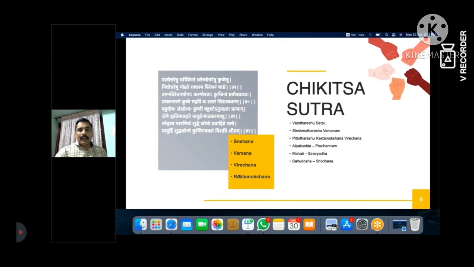Okay. Before entering the chikitsa sutra, again I would like to emphasize some of the lakshanas which are very common when they come to your clinic. One of the cardinal features is kandu. Kandu, as already mentioned, is generally associated with kapha.